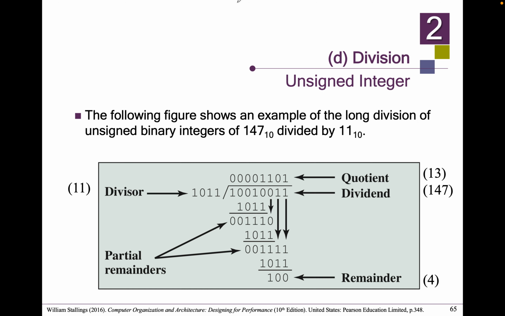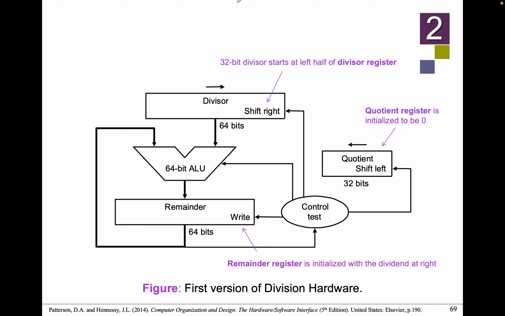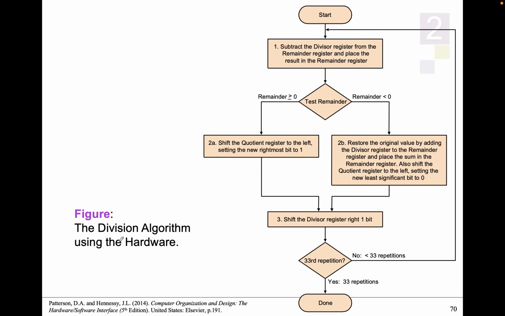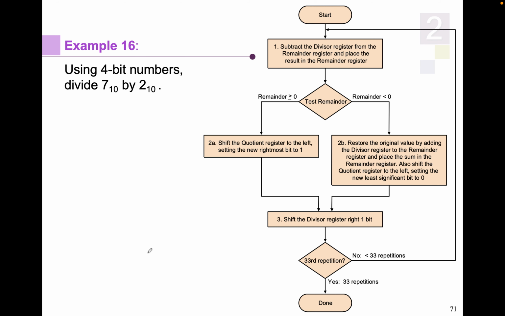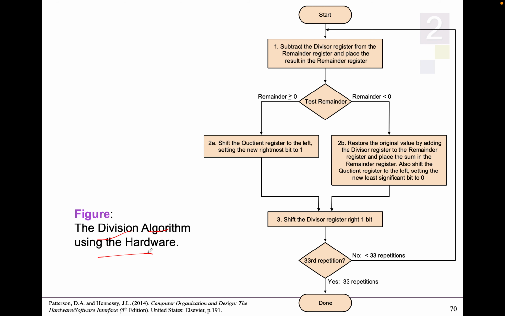Similar to multiplication, division has a method, which is the division algorithm using the first hardware. You're going to have a flow chart also, but the steps are different from the multiplication. So you need to remember both the multiplication and the division algorithms using the first hardware.